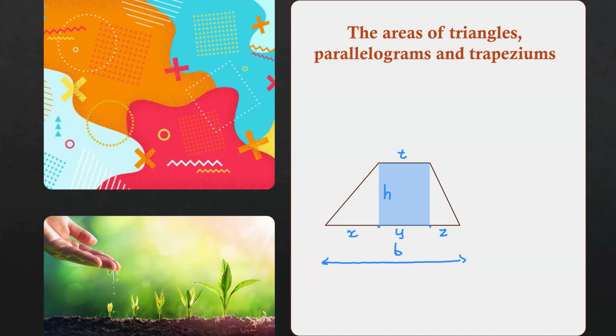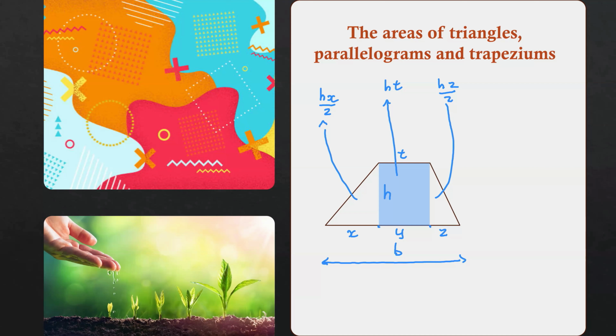Let's see how the calculation is done. The area of this triangle is simply h times x divided by 2. The area of the rectangle in the middle is just h times the top, t. The area of the triangle on the right will be h times z divided by 2. The sum of all of them gives the area of the entire trapezium.